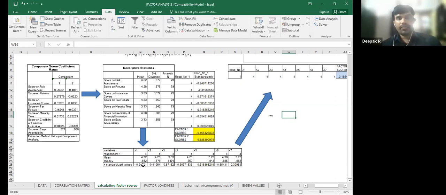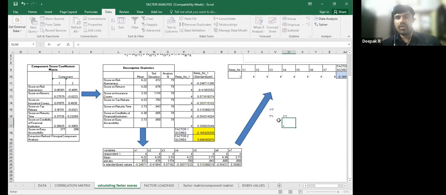And here you have another matrix, which is all the standardized values, 1 row by 7 columns, and all I want is the resultant factor scores. If I multiply these two matrices, I get a matrix of 1 by 1.